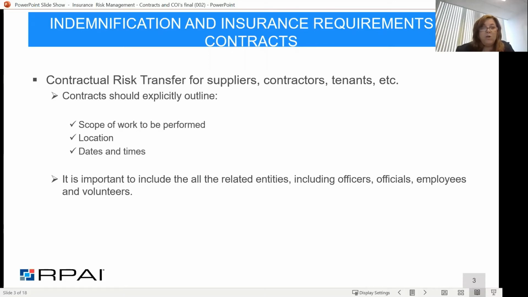So when we're looking to hire a supplier or contractor, or when we're entering into a lease with a tenant, we issue an agreement, a contract, for that work. The vendor agreement is going to clearly outline the scope of work, the location where the work is to be performed, and the dates and times.